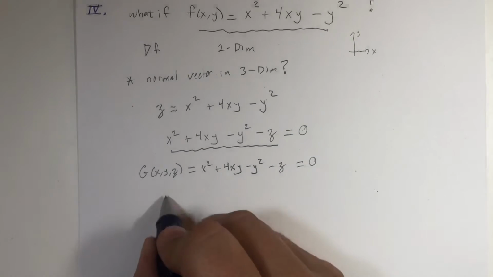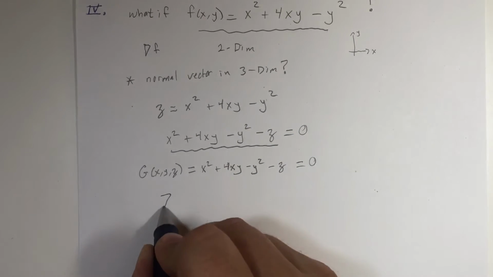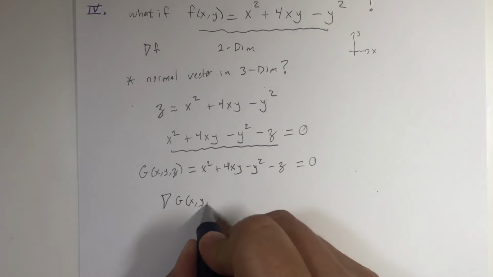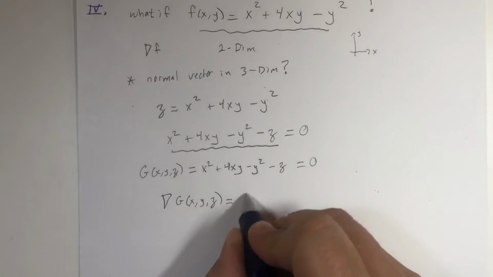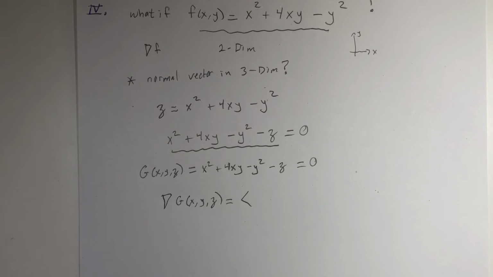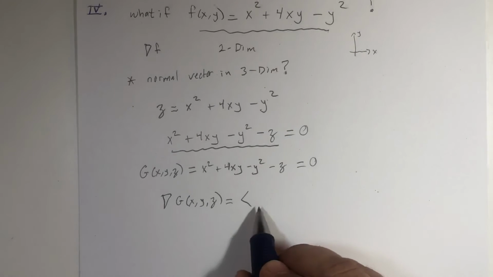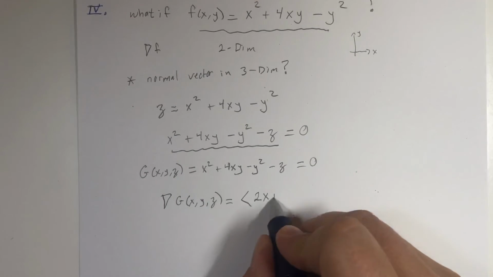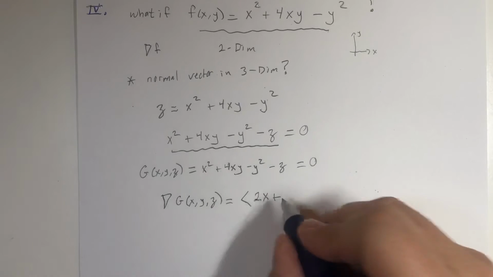Now, because it has 3 variables, if I calculate the gradient, remember the gradient being a vector, where the first term is the x partial derivative, which would be 2x plus, that's right, 4y.